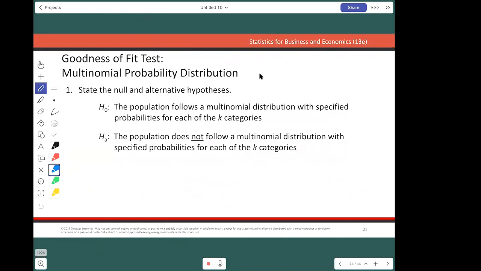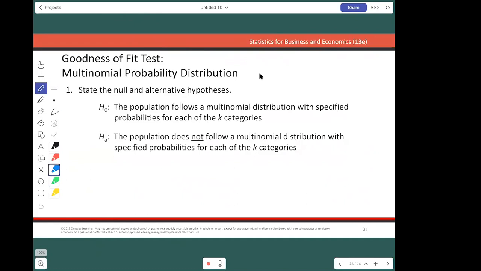Chi-squared distribution requires a parameter which is degrees of freedom, and in the case of equality of proportions, it would be k minus 1 as the degrees of freedom.